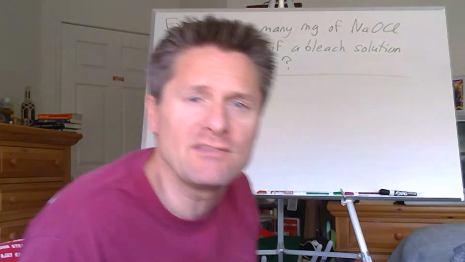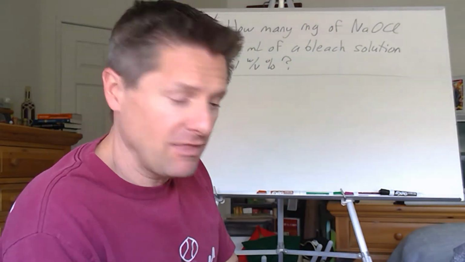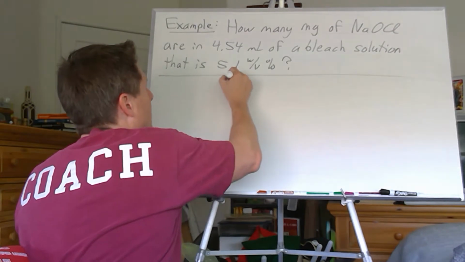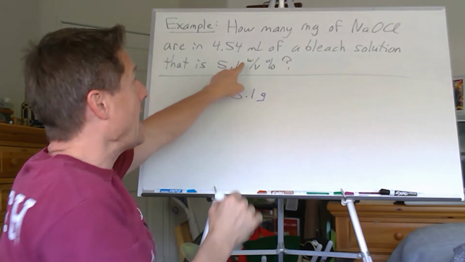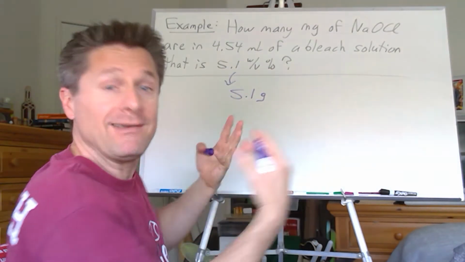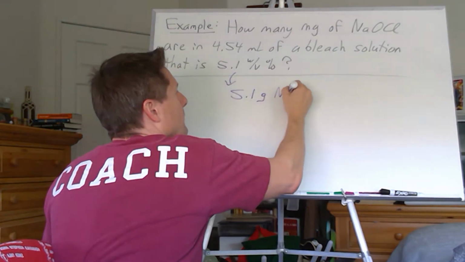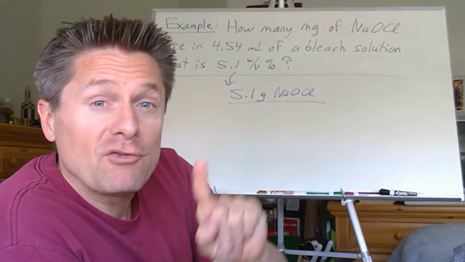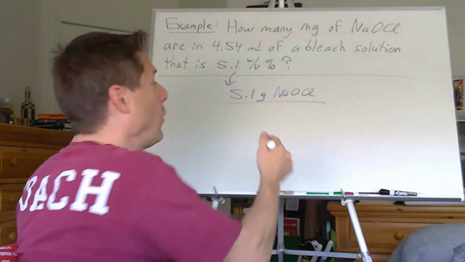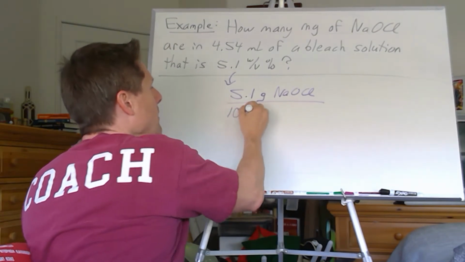So how are we going to set this up? You don't have to write this down, but I want you to think about it this way. That 5.1% means there's 5.1 grams of the part, the solute, the sodium hypochlorite. Remember, a percent's parts per 100, so we're assuming 100 parts of the whole. But what's the whole?